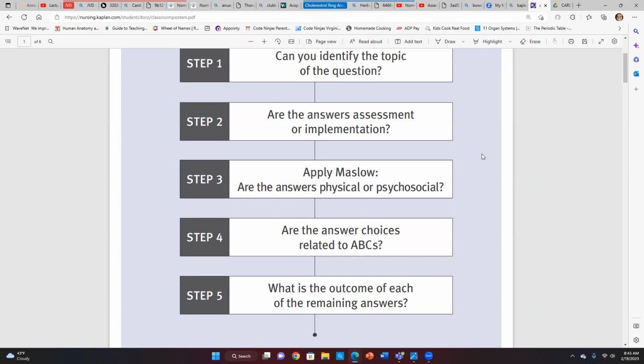Here's an example. Your patient is receiving a blood transfusion. They tell you 15 minutes into it that they have difficulty breathing, they're breaking out in hives, and they have itchiness. So is this an assessment or an implementation? Assessment. I didn't ask the question properly, but the information that I gave you is assessment information.